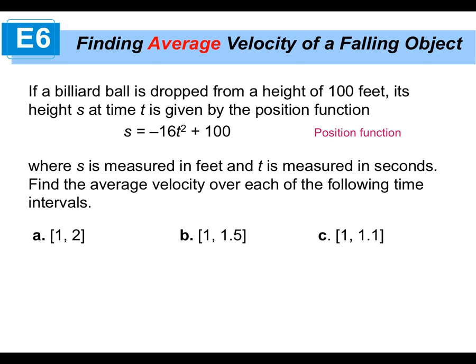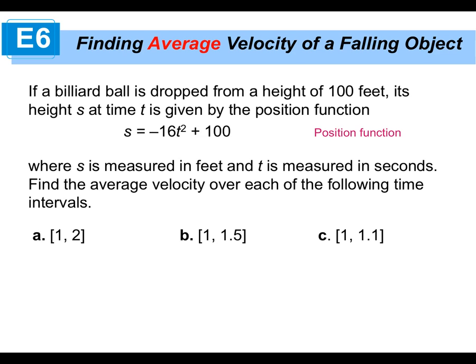Find the average velocity over the time intervals. So I drop a ball. After a second, I'd like to know between 1 and 2 seconds what was the average velocity. It's just a slope. Find f of 1, find f of 2, calculate the slope. Go ahead. Get your calculators out too if you want. First things first, calculate where that ball is at 1 second. Calculate where the ball is at 2 seconds.